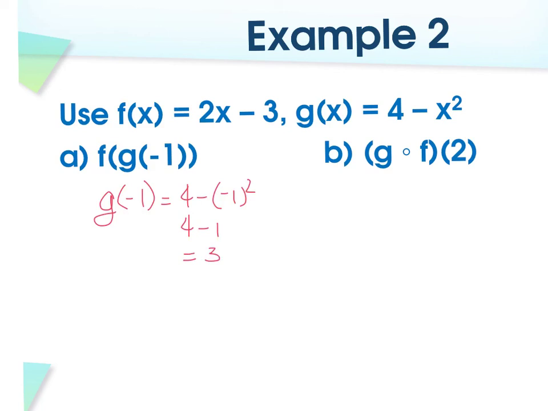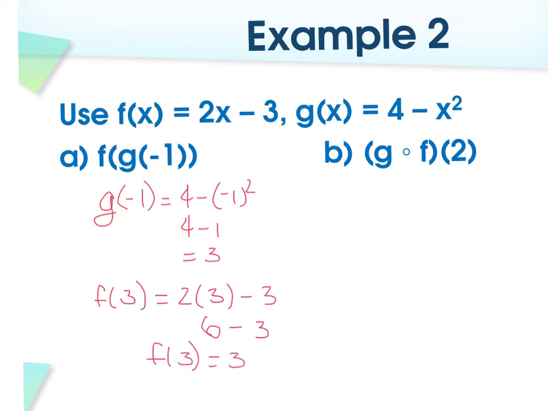Whatever I get here, think of that like your parentheses, your grouping symbol first. Now I want f of whatever I got here. So we're going to do f of 3, now we're plugging in 3 for x, so that's 2 times 3 minus 3. So that's going to be 6 minus 3, and our answer is 3.